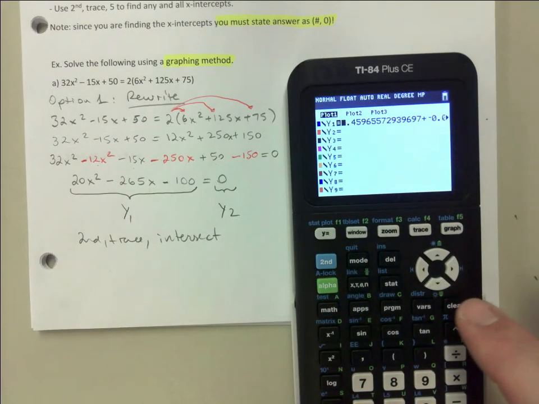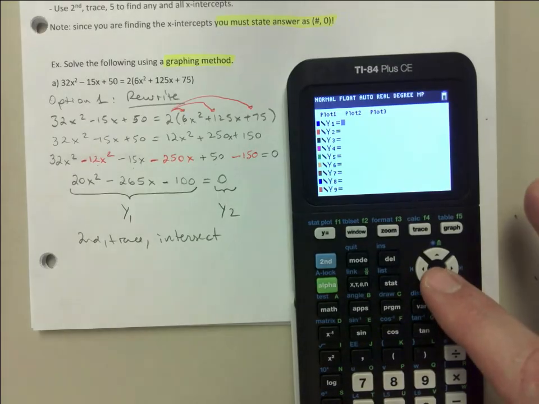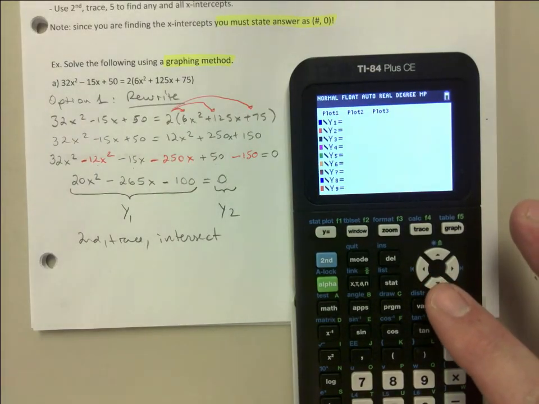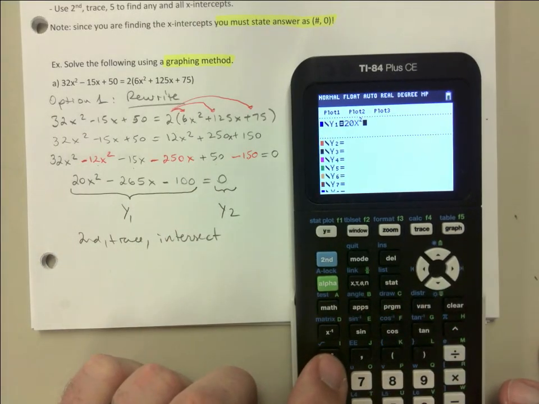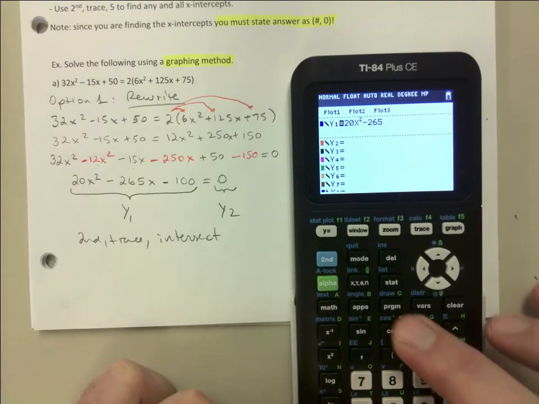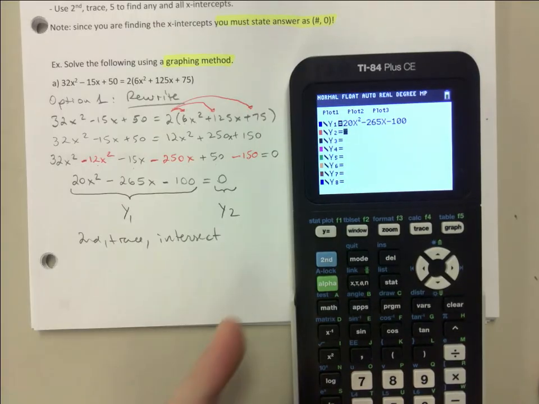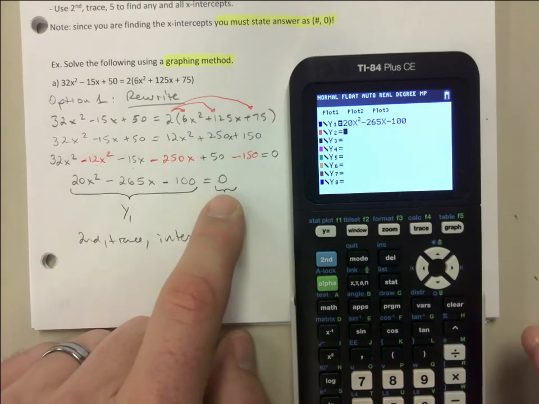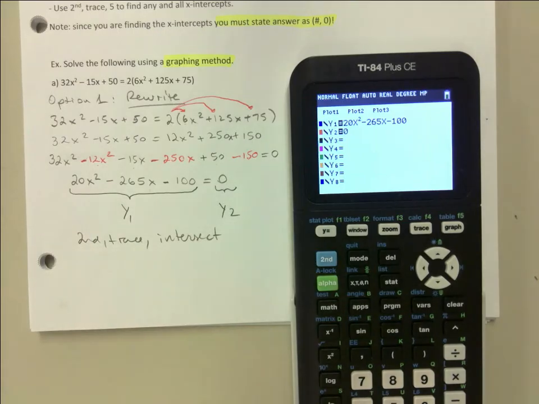So we go to y equals, turn off plot 1, you're not doing a regression, and then type this into y1: 20x squared minus 265x minus 100. And the right-hand side goes into y2, which is 0. It's 0 for us. So that's what I do there.